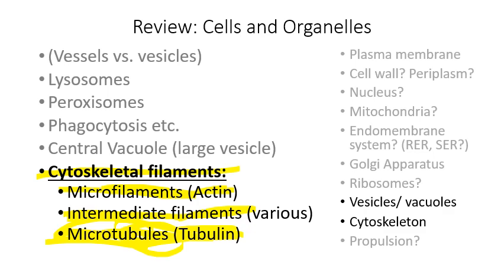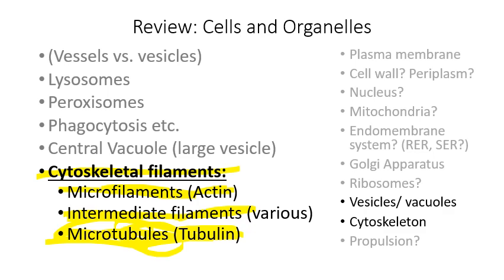So the actin microfilaments are about 7 nanometers in diameter, and they are not hollow. The microtubules are 25 nanometers in diameter, and they are hollow on the inside, therefore they form tubes. And the intermediate filaments are 10 or 12 nanometers in diameter, and they are not hollow inside either.